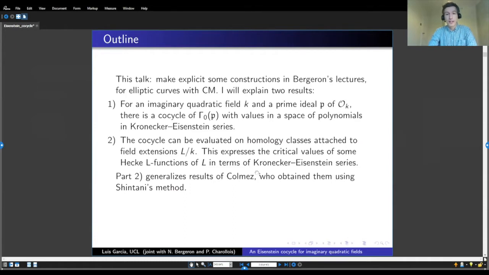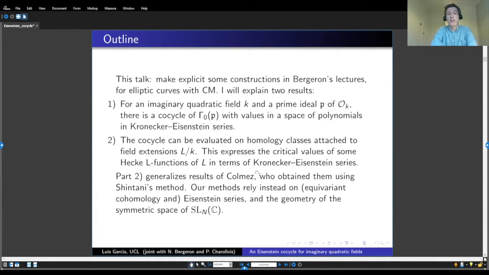So these are not the first results giving such an expression. There are the results of Colmez, who proved formulas of the sort I just described using Shintani's method, but only for certain critical values. And he conjectured that they should hold for all critical values. So in that sense, we are generalizing his work.